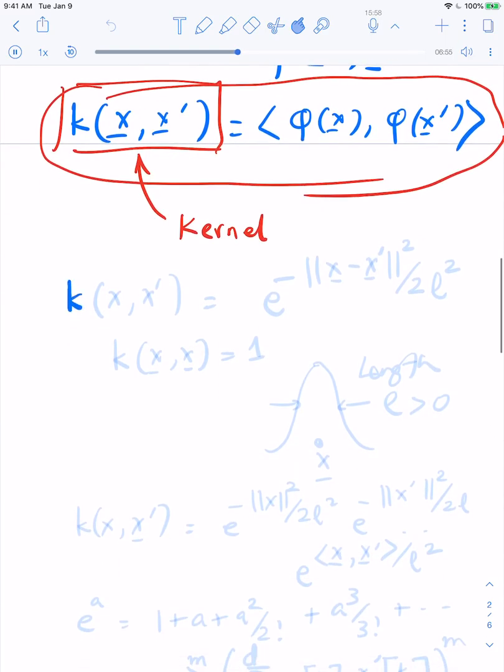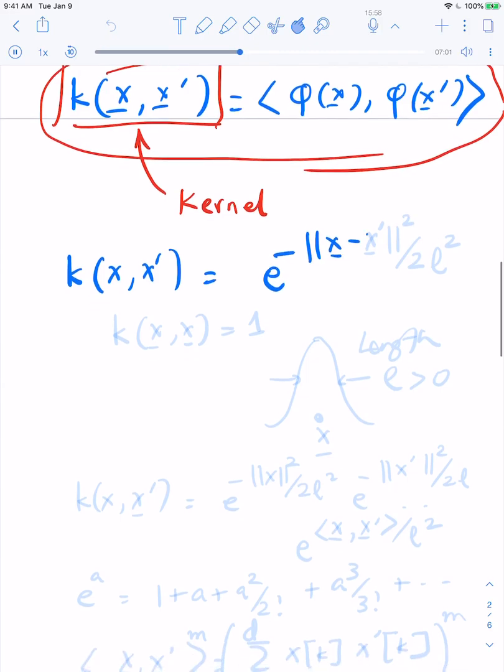So basically k(x, x prime) is of this form. You basically have x minus x prime squared divided by 2, kind of looks like a Gaussian. You want to give it the opportunity to vary depending on how fast you want to vary around the point you are at.